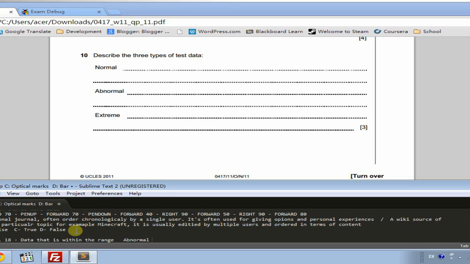Abnormal data. So abnormal data, let's say data not in the range and not appropriate. We'll see what I mean by appropriate in a minute.